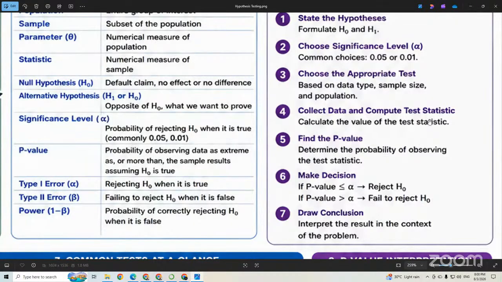Which type of test is applicable, but before that you must be familiar with the type of data and the conditions under which you can choose one particular test.